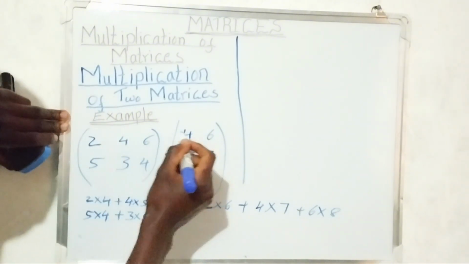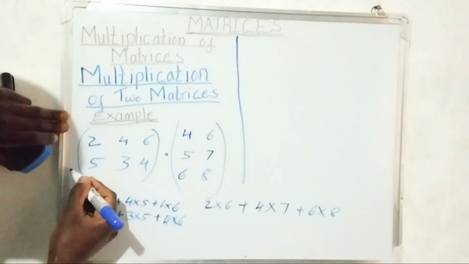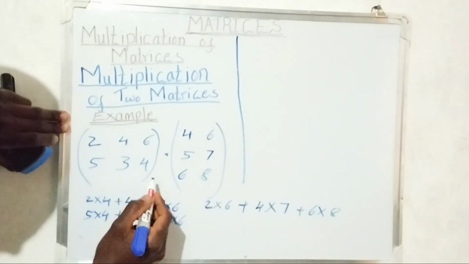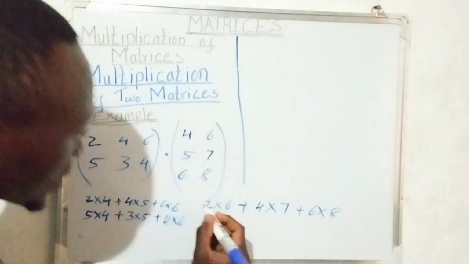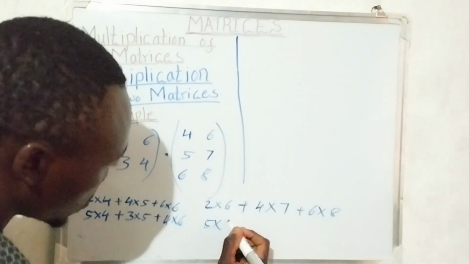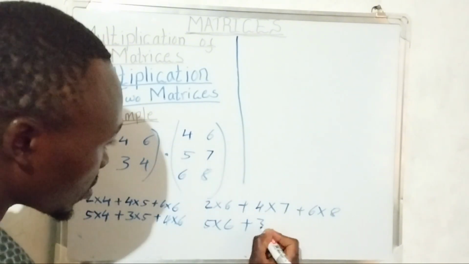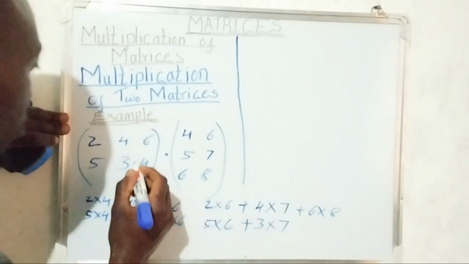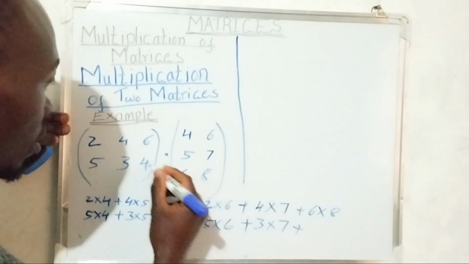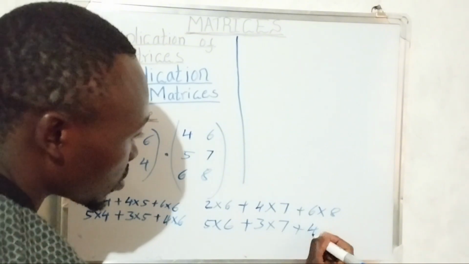We are moving to the next row: 5 times 6, plus 3 times 7, plus 4 times 8.